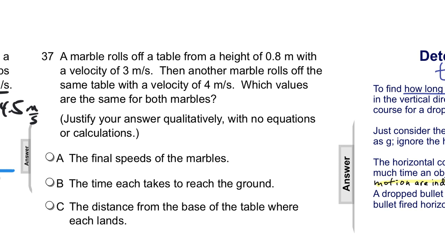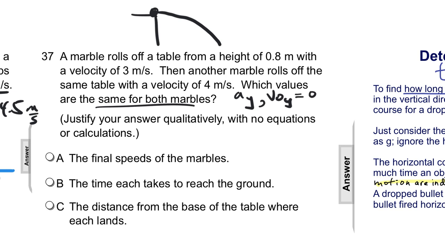Okay, so the same case, two marbles roll off the table. Which are the same for both? Well, we know AY is the same. We know VOY is the same, which is equal to 0. AY is -10.